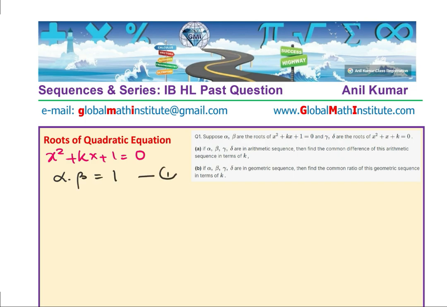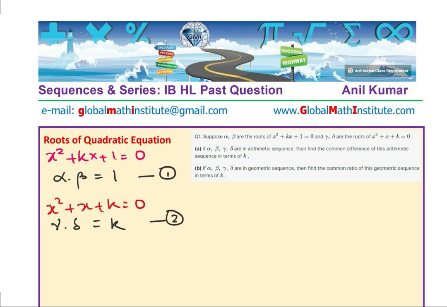That will be our equation number 1. Second equation, x squared plus x plus k equals 0. In this case, the roots are gamma and delta, so the product gamma times delta is equal to the constant k, right? That becomes our second equation.